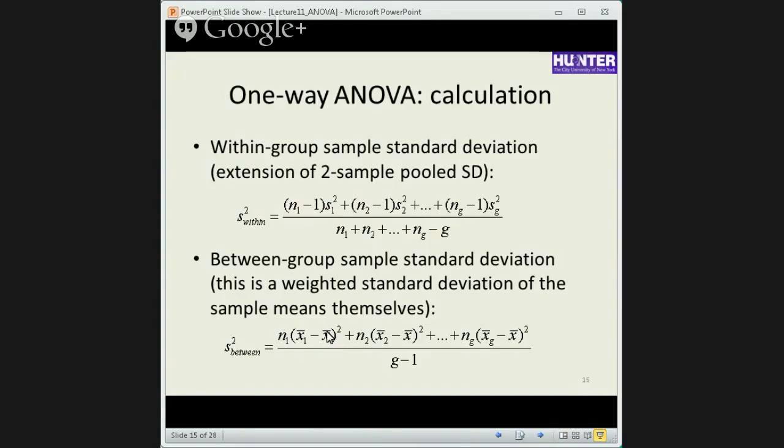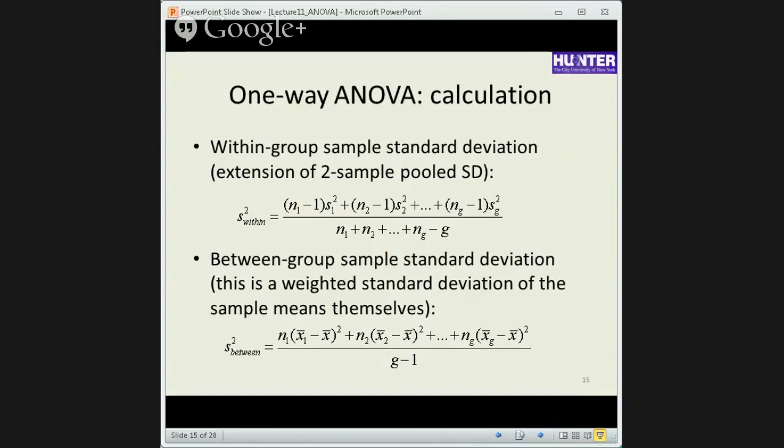That is the mean of all of your data points. And each one of those, you weight it by the sample size, so you multiply it by the number of samples in that group. You add them up and divide by your degrees of freedom for that variance, which is the number of groups minus 1.